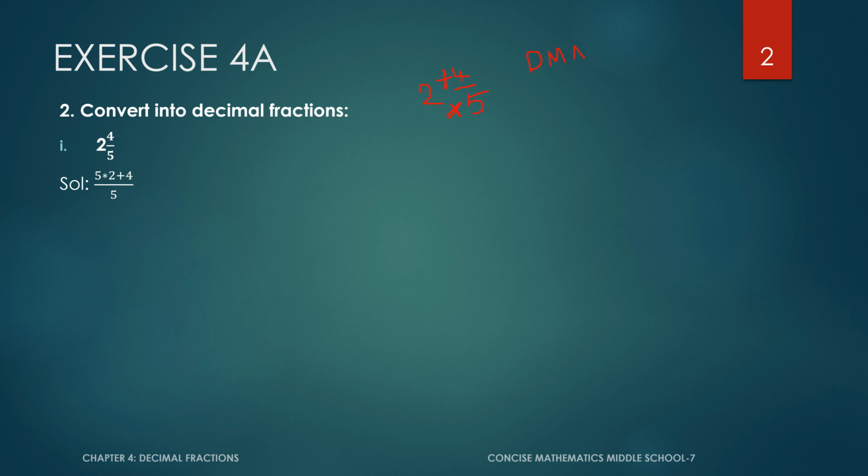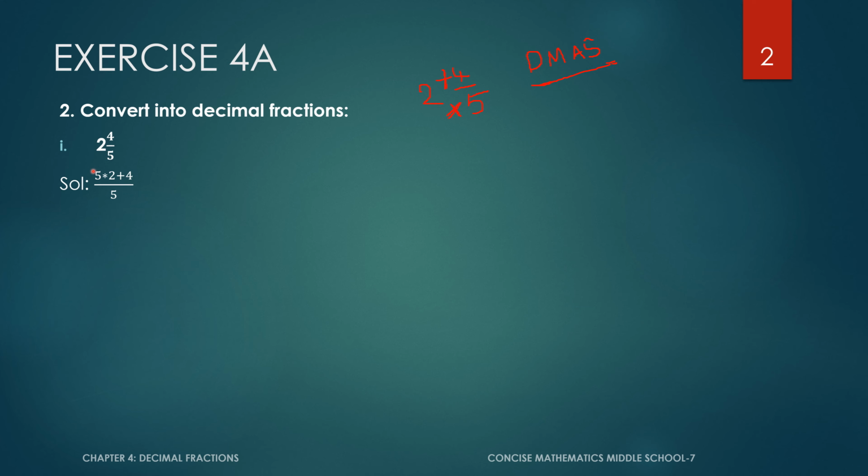Yes, I have already taught this in my channel, and if you missed it, you can just check it out. I have created a separate playlist video on this DMAS. So according to this, first you should do division, right? Here you don't have any division. Then what is the next one? Multiplication.